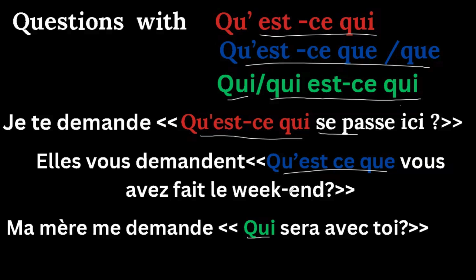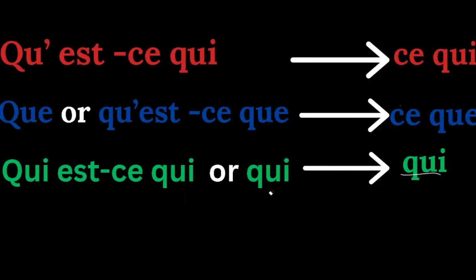Again, I have used different tenses here. The first one is present. Then we have passé composé. Then we have future simple. See what do we do when we have questions with qu'est-ce qui. Whenever we have questions with qu'est-ce qui, it will change to ce qui in the indirect speech.